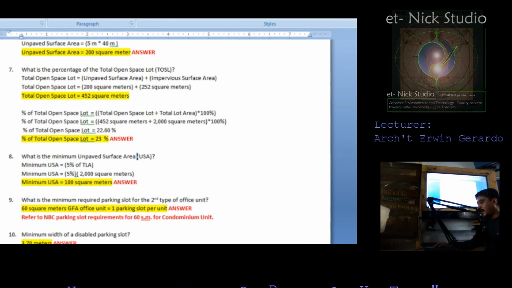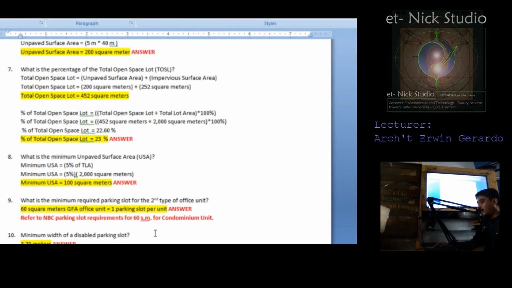So this is actually the answer already. So take note, for a 60 square meter gross floor area office unit, they are entitled for one parking slot per unit. Okay, so I would like you to refer to the National Building Code parking slot requirement for 60 square meter for condominium unit.